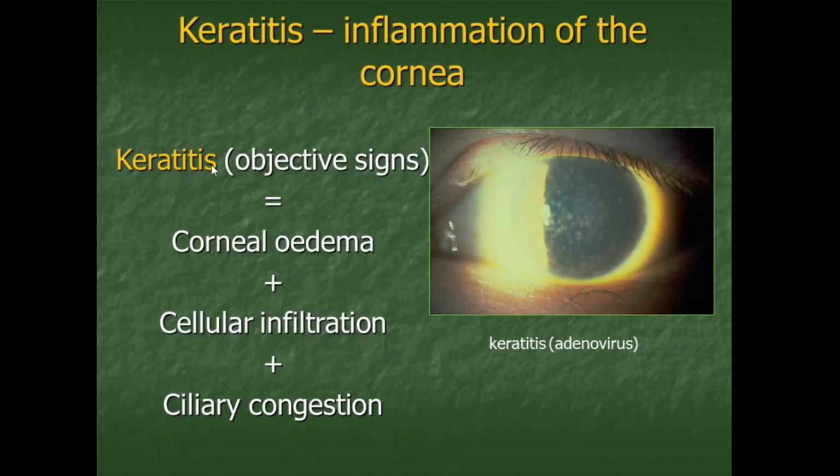Inflammation of the cornea we call keratitis. If you see any opacities on the cornea, if you can see a lesion or infiltration of the cornea, we can think about keratitis. Objective signs of keratitis: corneal edema, cellular infiltration, and ciliary congestion.